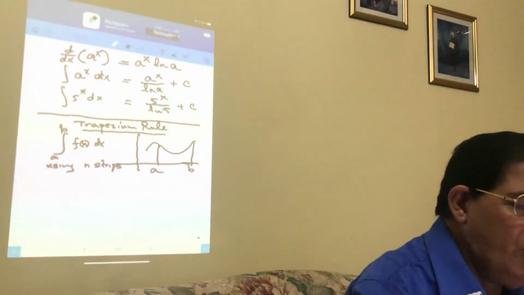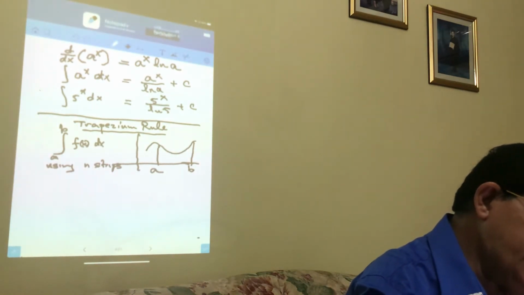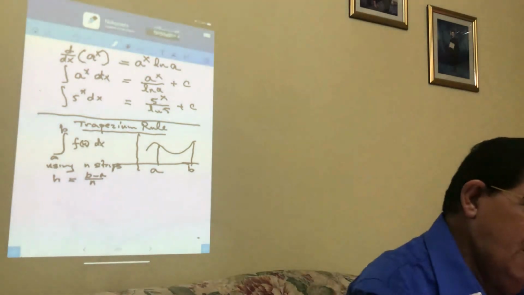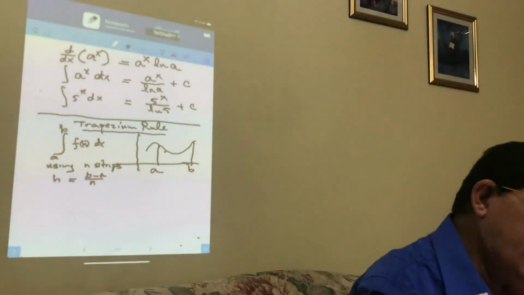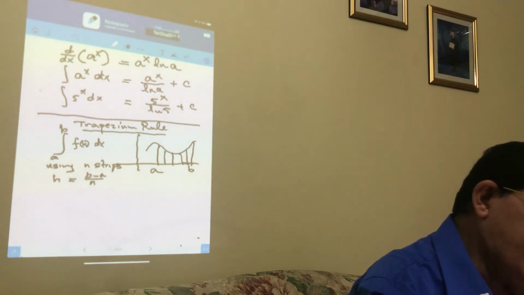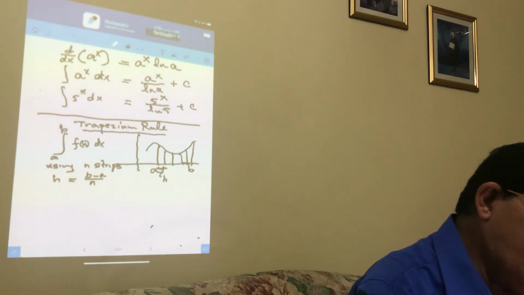Straight away we are going to find what we call the width of each strip, h. h equals b minus a over n. Therefore we have the width of each strip. This is h, h, and so on. These are the widths of the strips we have. Accordingly, we are going to make a table.